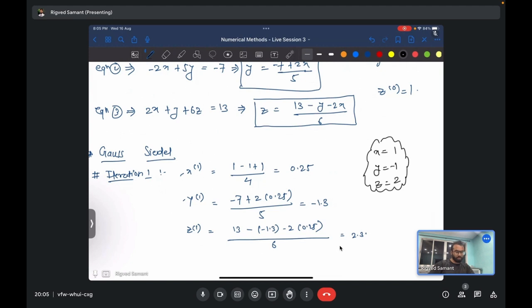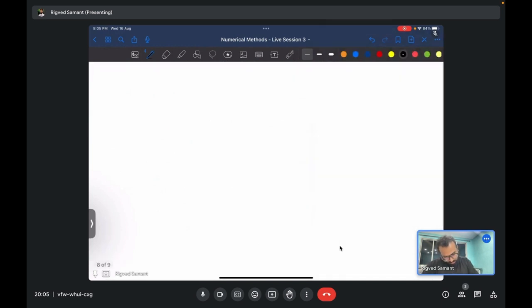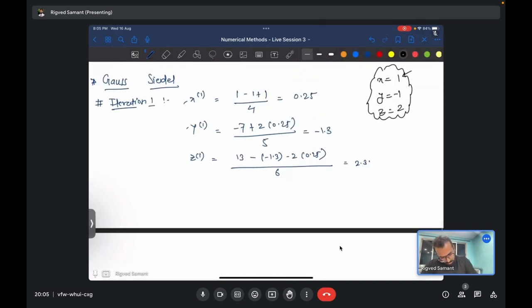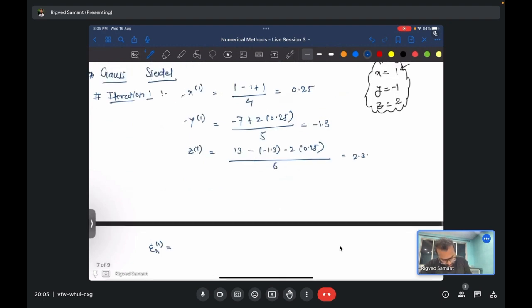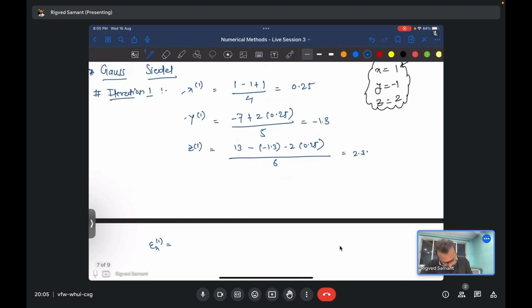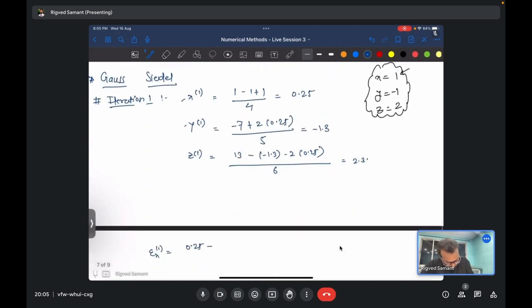They are far off. Let's say we don't know these values and let's just find out the relative error. So what is relative error? Epsilon x after the first iteration: 0.25 minus 0, divided by 0.25, that is equal to 1, right?